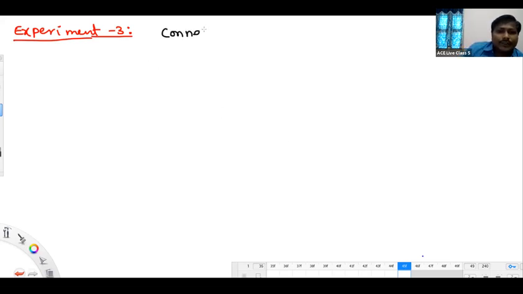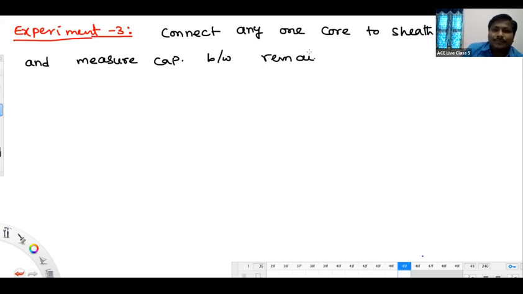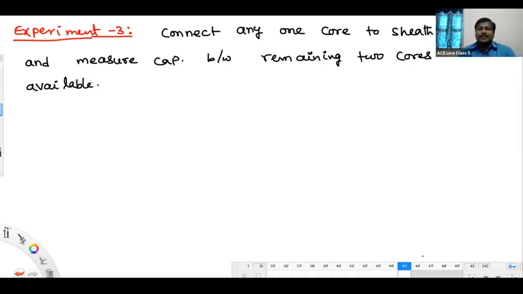Connect any one core to sheath, and measure the capacitance between the remaining 2 cores available. We have to measure the capacitance between the remaining 2 conductors, or 2 cores available.